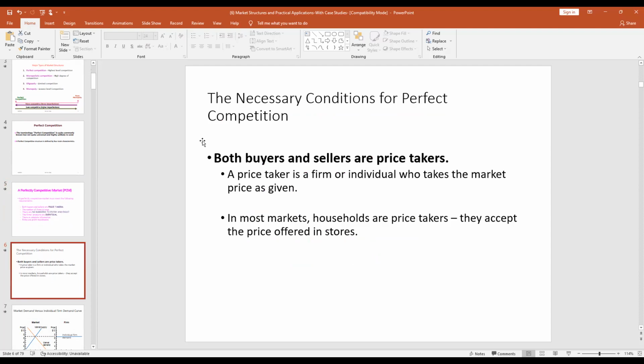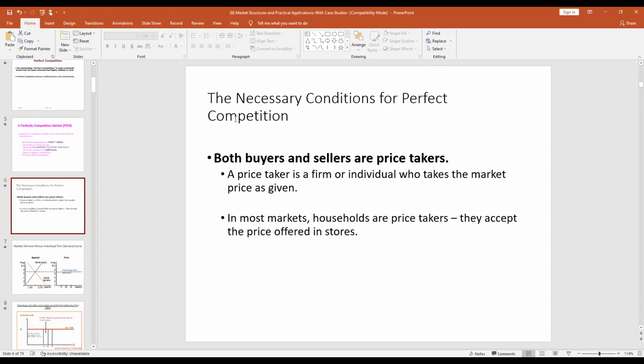For example, take the gas price and the oil price. Is that perfect competition? No, the gas price is determined by the government, so one organization can decide. But in a perfectly competitive market, the price is decided by the market, not by one seller or buyer.